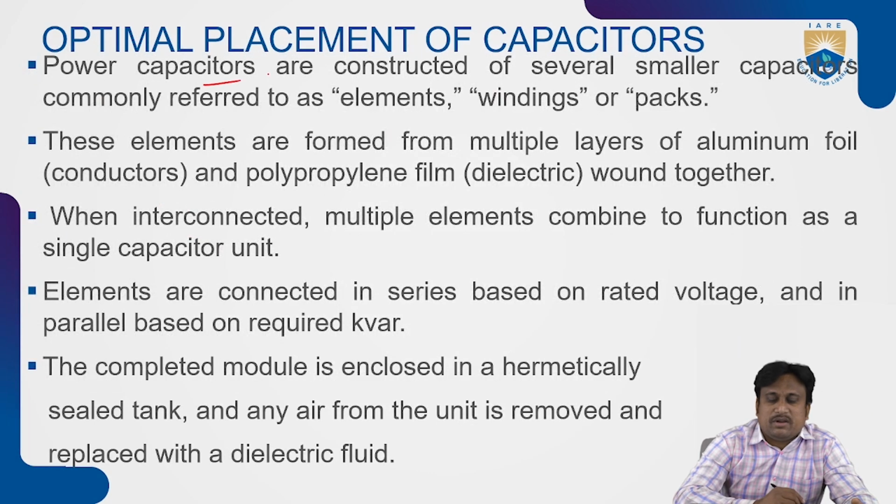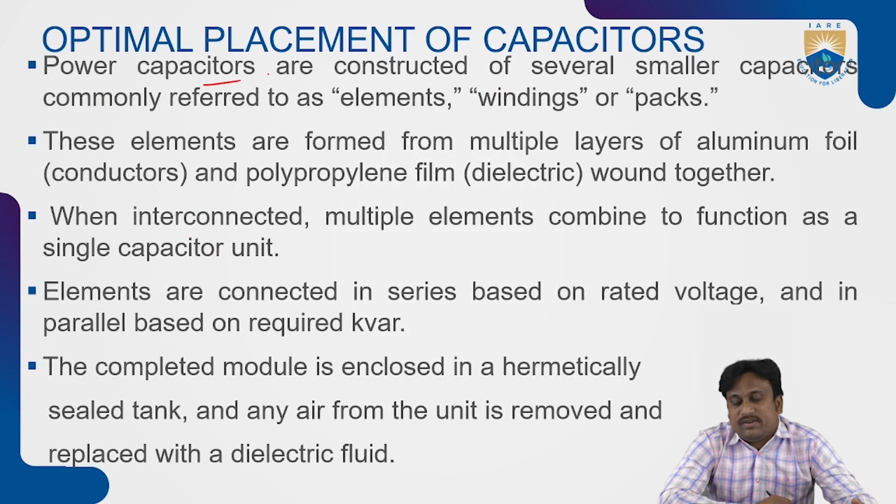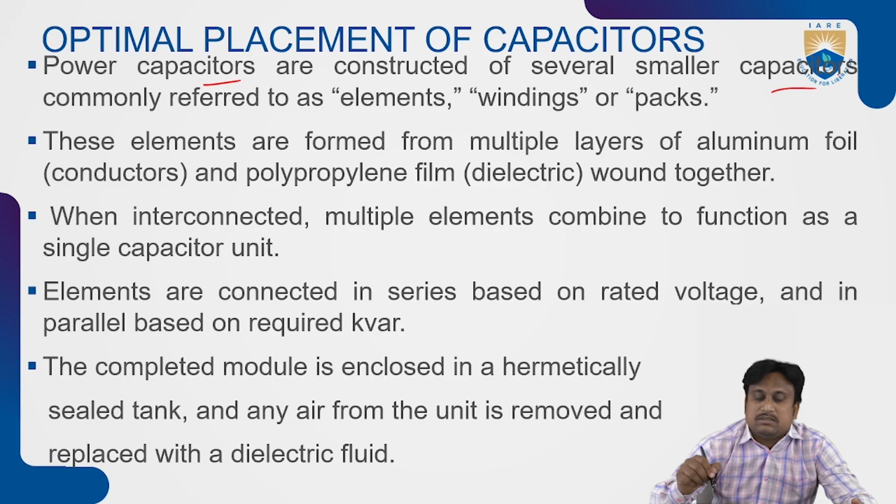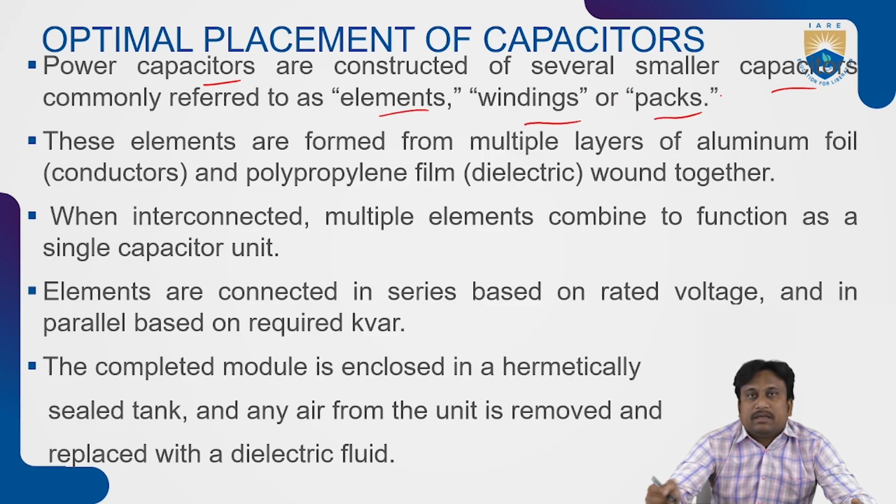Usually power capacitors are constructed of several smaller capacitors. That means when a couple of capacitors are considered, they are commonly referred to as elements, windings or packs. This combination of capacitors is constructed for a small range of applications.